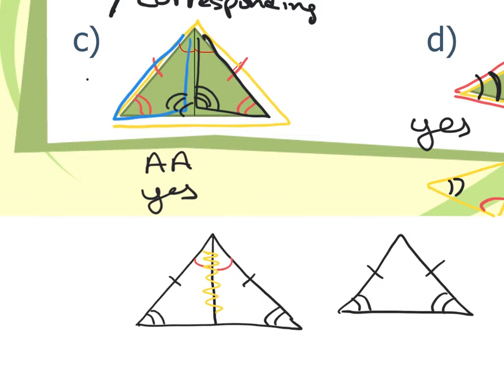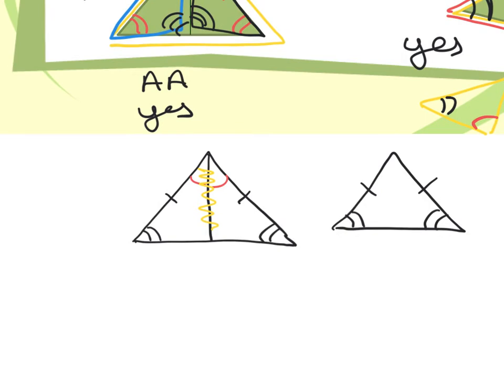Now what I'm doing is thinking of this as being its own triangle and this as being its own triangle. And because I have two angles that are marked with congruency marks, I can say that these are similar triangles because of AA.